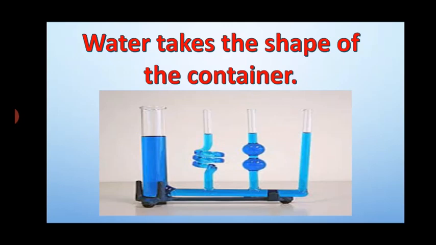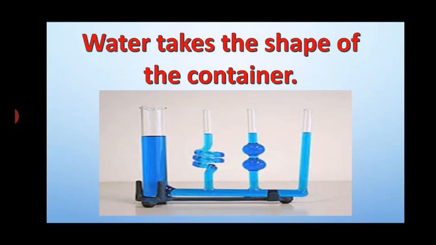In the third one, the water looks like two pots, isn't it? And in the fourth one, you will see that water is in a thin cylinder shape. Now, this water is colored, children, so that you understand how water has taken the shape of the container.